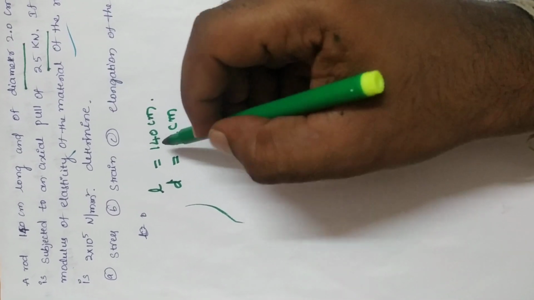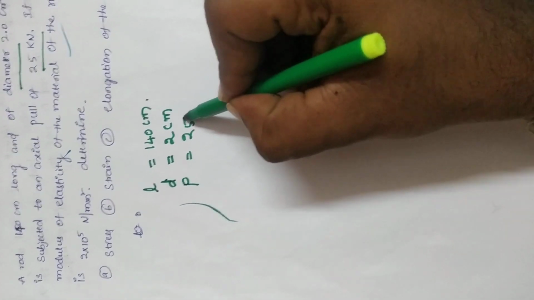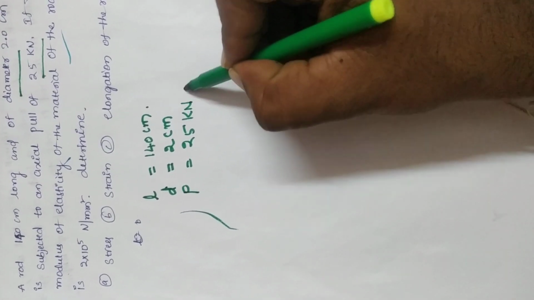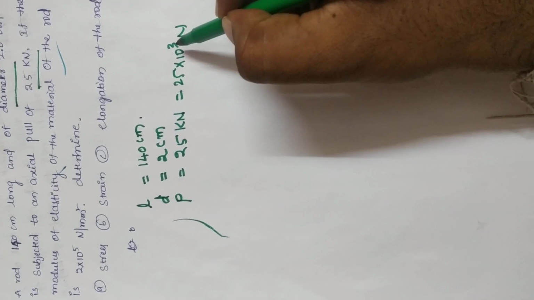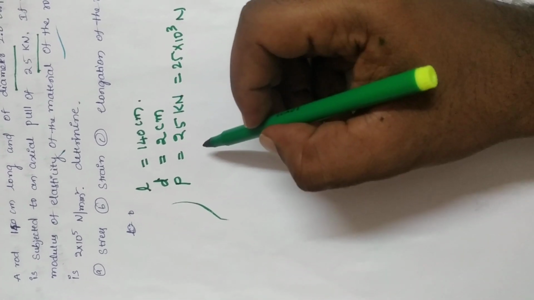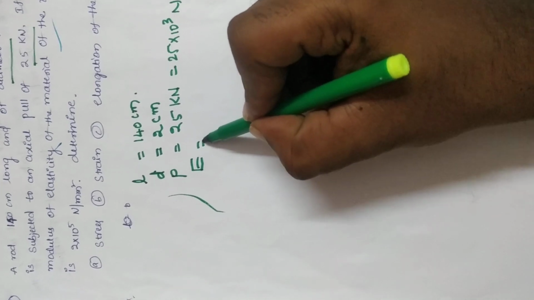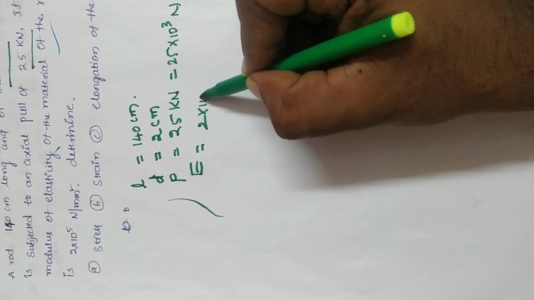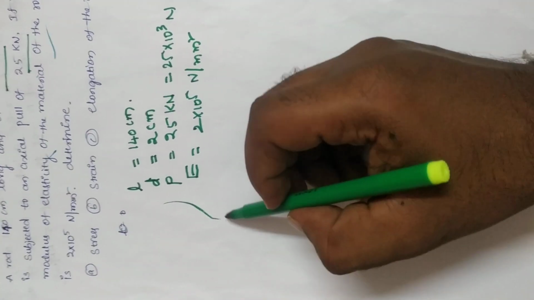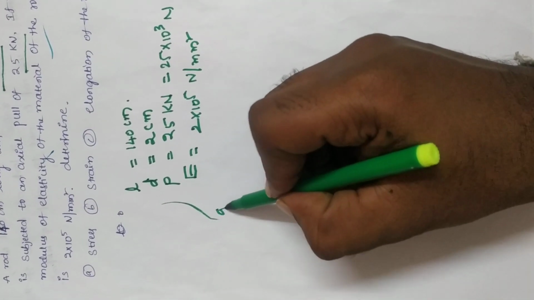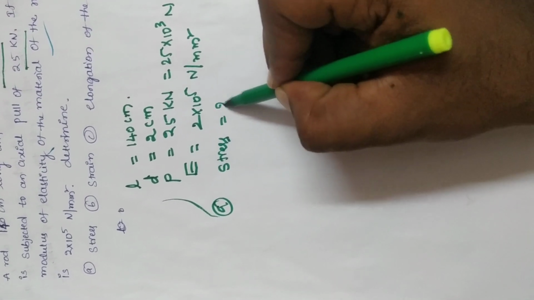That means force, 25 into 10 power of 3 Newtons. The modulus of elasticity, denoted by E, is 2 into 10 power of 5 Newton per mm square. So just determine the stress, equal to question mark.